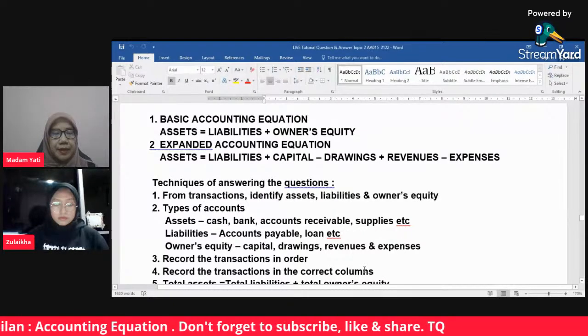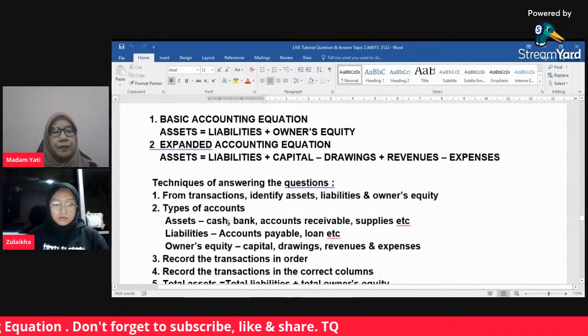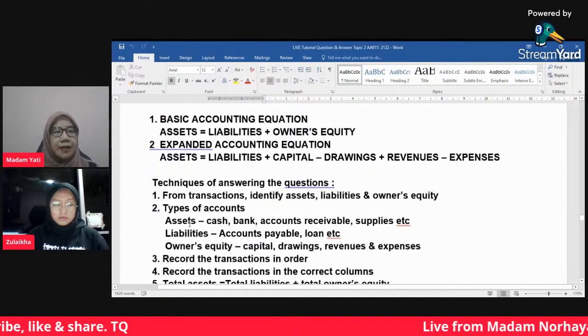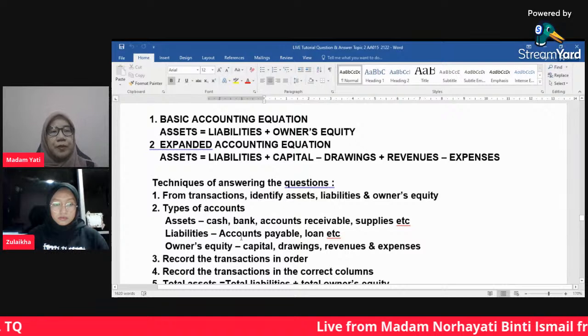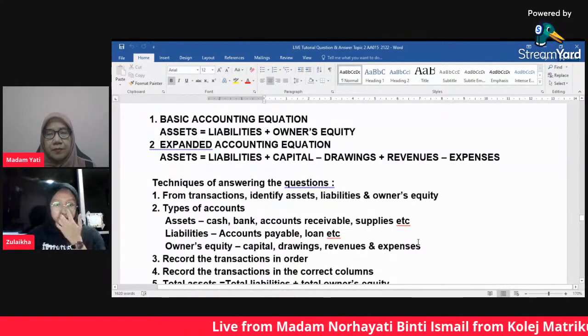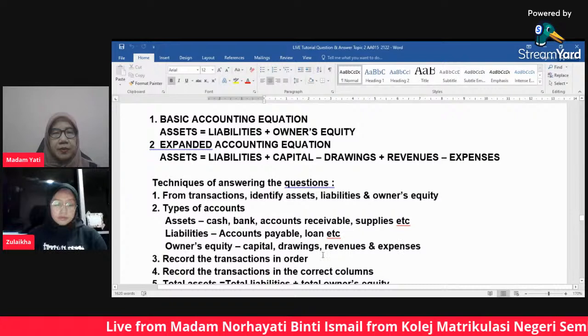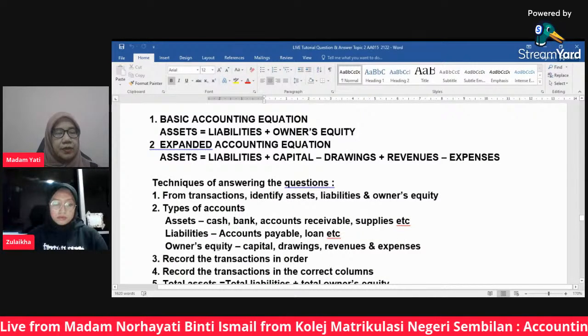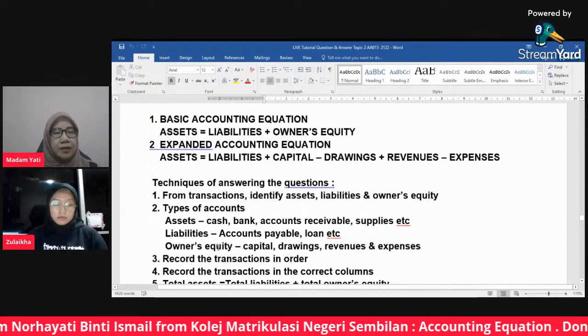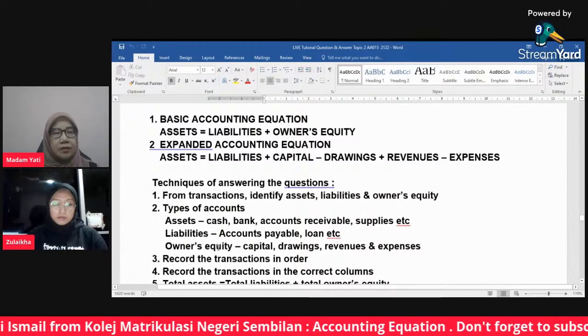The columns are many. Let's say you want to prepare the cash column, make sure the column is under assets. If you want to prepare the expenses column, make sure the expenses column is under owner's equity. So you must record in the correct column in the correct category.